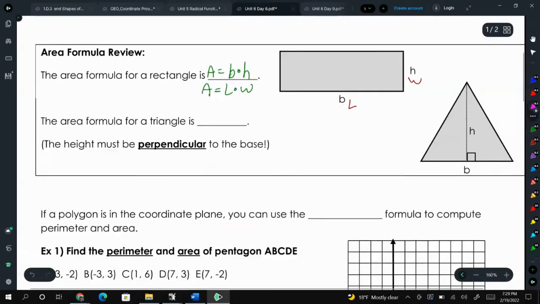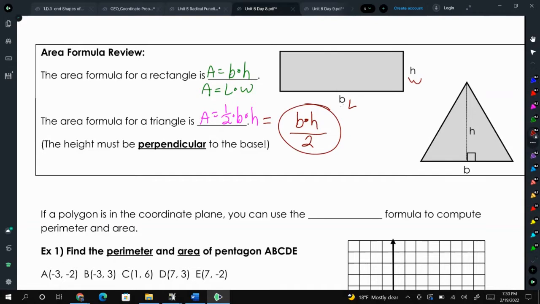The area of a triangle formula, you will most likely see area equals 1/2 times the base times the height. But we know that it's also the same as base times height divided by 2. And that's probably what we'll use the most, because it's easier to type in divide by 2 in our calculator than it is to write multiply by 1/2.